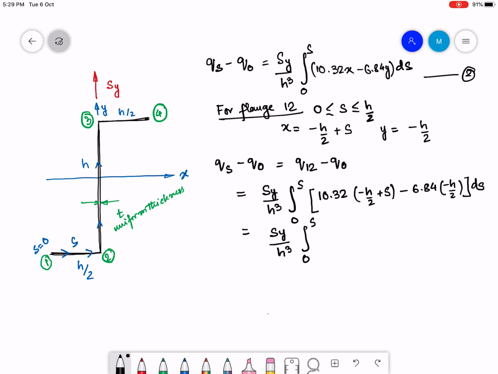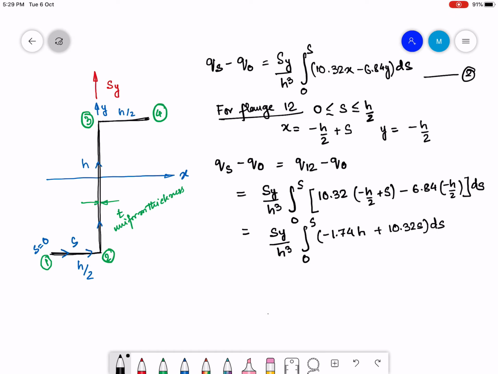Okay, so am I doing it correctly? I hope so. So it is going to be minus 1.74 h plus 10.32 s into ds.